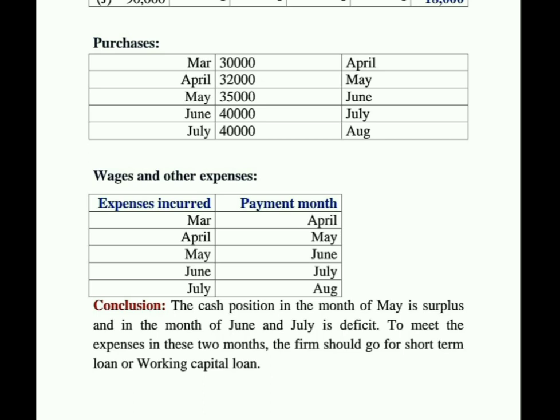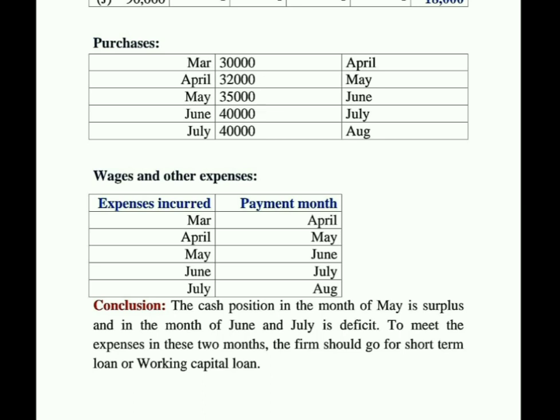I repeat once again, the main purpose of preparation of a cash budget is to forecast the cash position in the organization for a particular period of time. Why should we forecast the cash position? By forecasting, we can easily identify whether there is a surplus or deficit.